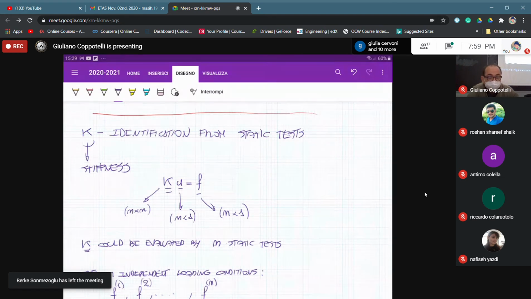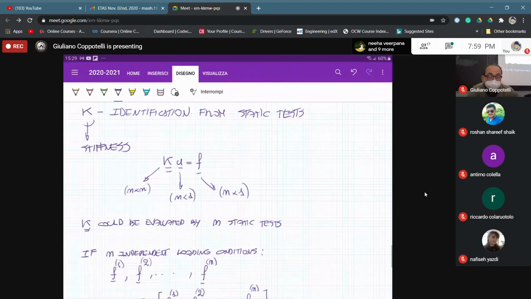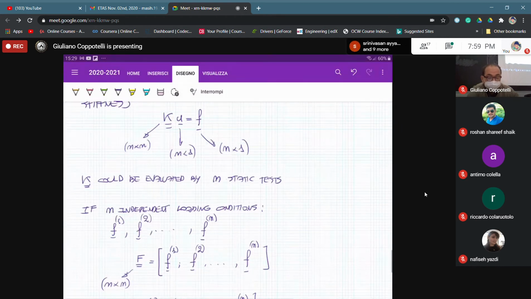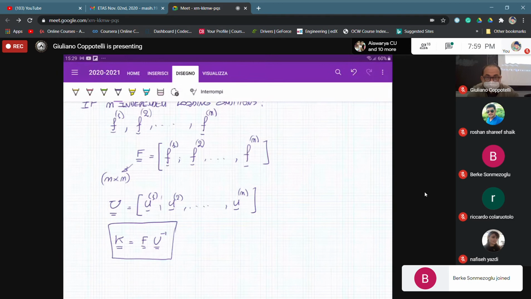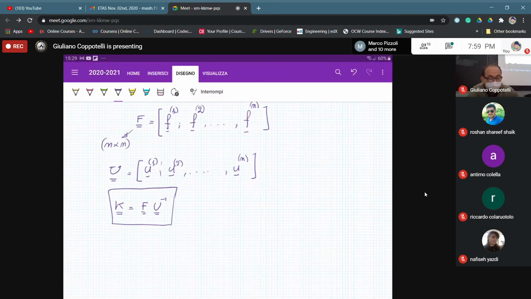We can consider n independent loading conditions because n is the size of your problem, n is the size of your displacement vector, for example. And therefore, just by measuring all these displacements corresponding to the n loading conditions, we can estimate the K just by doing that matrix operation.